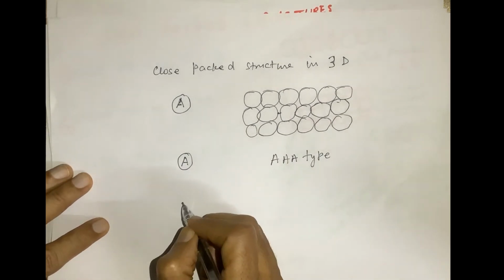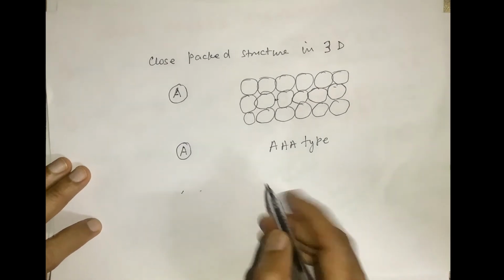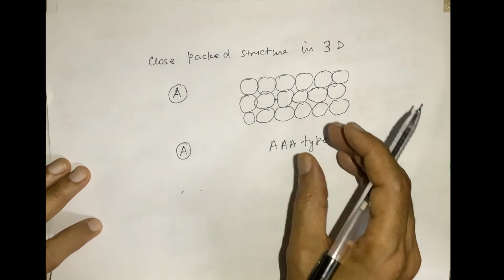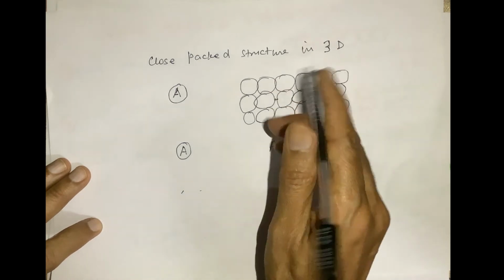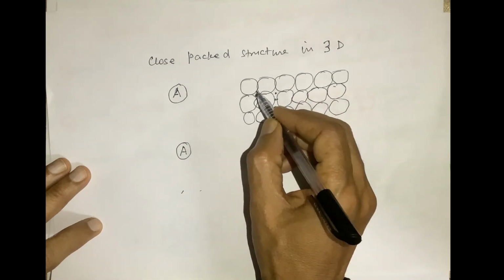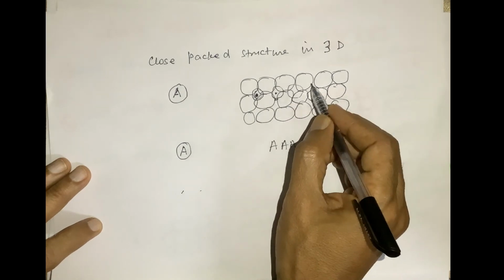But if second layer is such that the particles are not aligning with the A layer, but the particles are placed in the depressions, in the vacant space, here comes the particle, here comes the particle of second layer, then what happens?